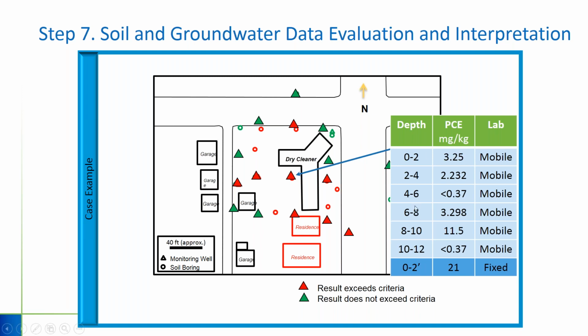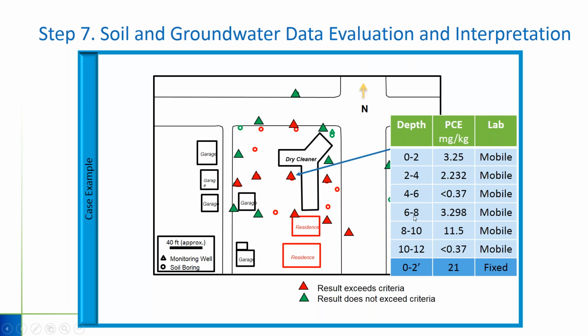So let's say you were going from 5 to 10 feet. You would have been somewhere in here, reflecting some combination of non-detect, 3.3, and 11.5. So this shows you the value of the higher resolution data.